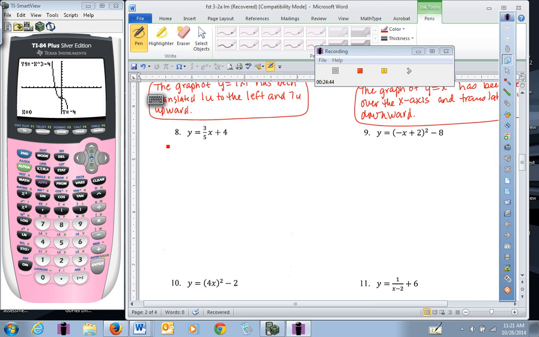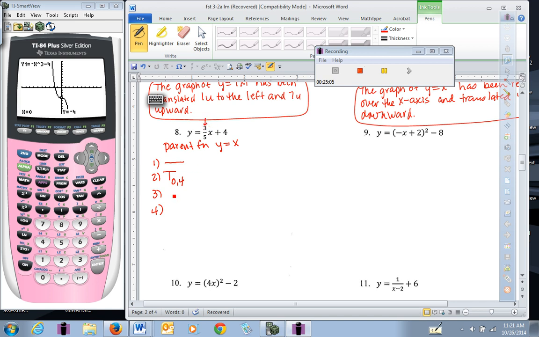On number 8, the parent function is the line y equals x. So it's our linear function. We don't have any grouping symbol this time. We don't have a negative in front, so we don't have anything here. The only part of translation we would have is 4 units up. Okay, but we do have a 3/5 in front of the x.